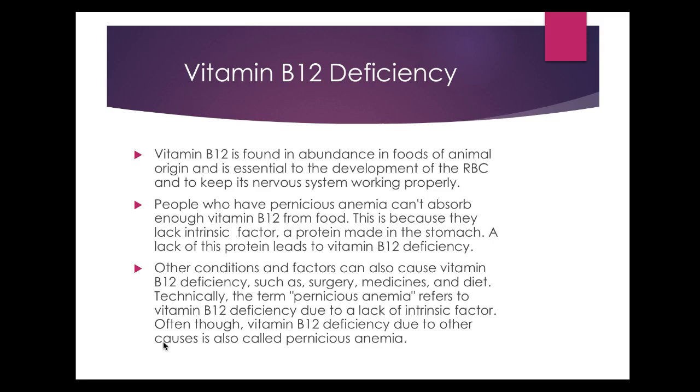There's other reasons why you can have B12 deficiency, such as surgery, certain medicines, diet. There's the lack of intrinsic factor, but some people just have anemia and we can't really figure out why, but we have them take oral supplements if they still have that intrinsic factor.